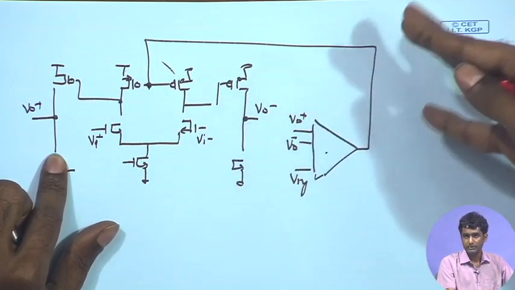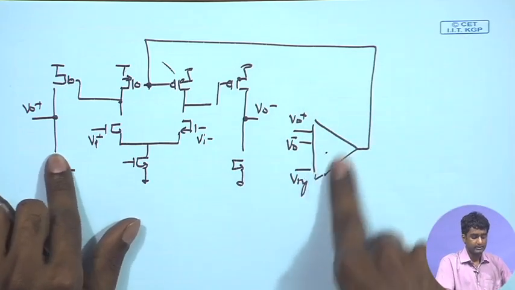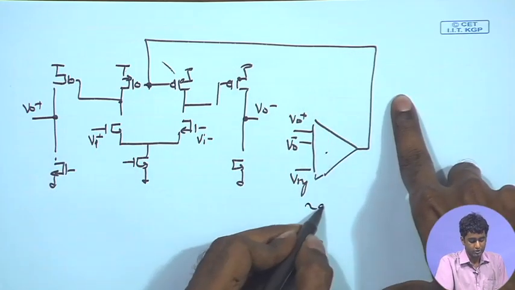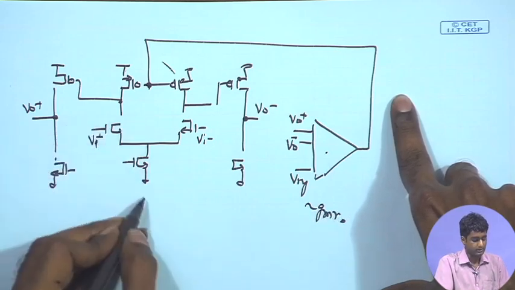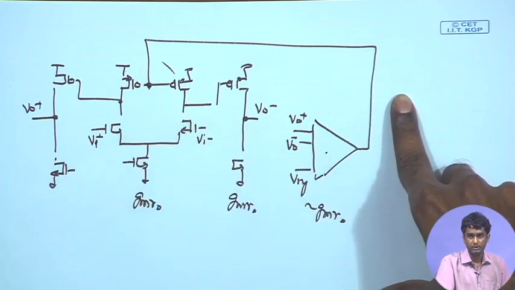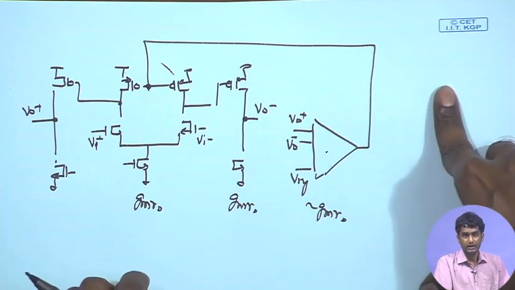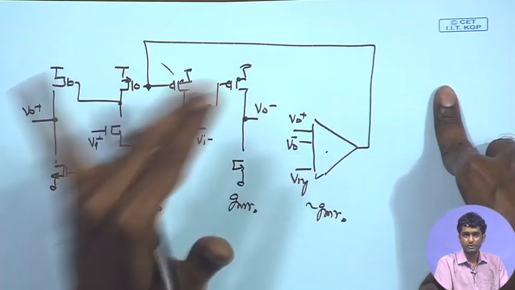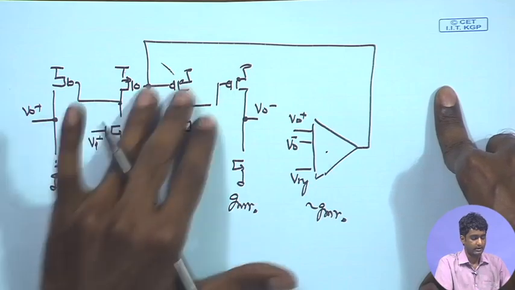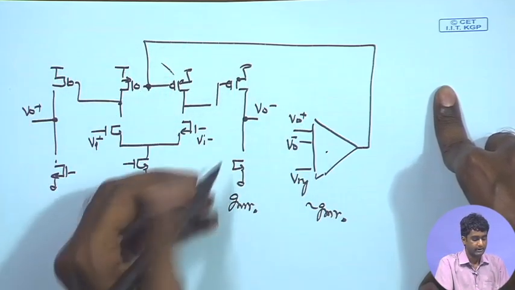If I stick to the previous topology of the error amplifier, this is going to give me a gain of the order of gmro in the loop gain. The diffamp is also going to give me gmro, and the common source is also going to give me gmro. So overall there will be gmro cubed in the whole loop gain, and the result is much larger as compared to the previous case where we were having feedback in the same loop, and this can further lead to instability.